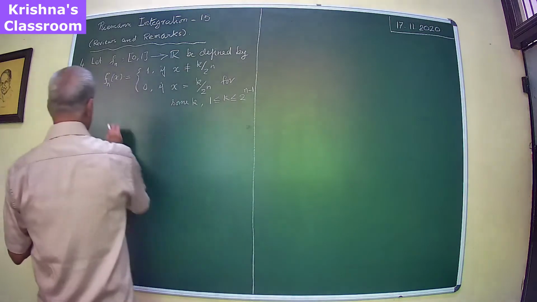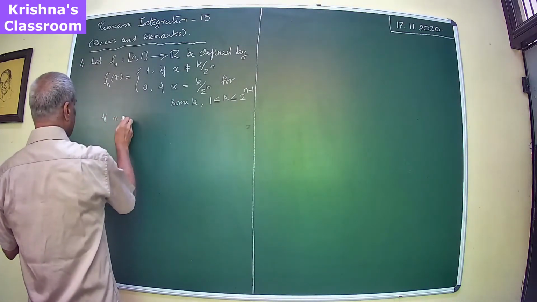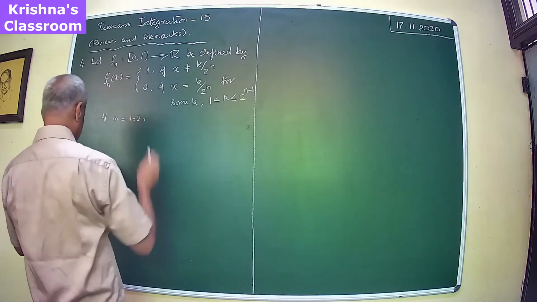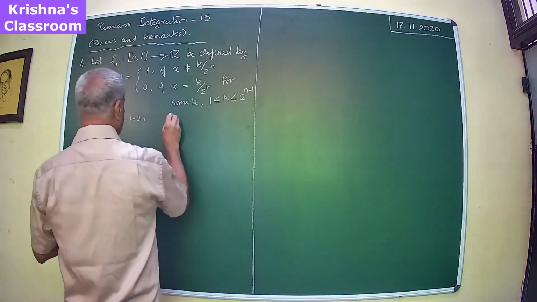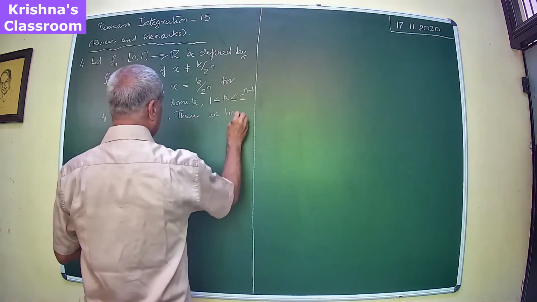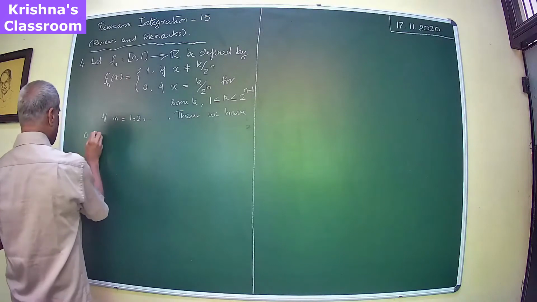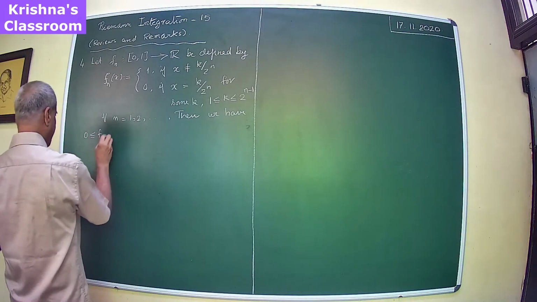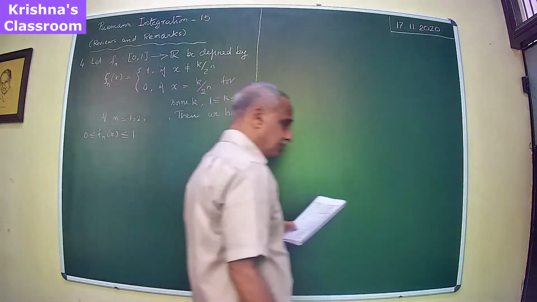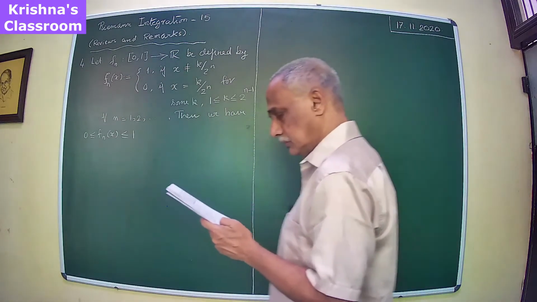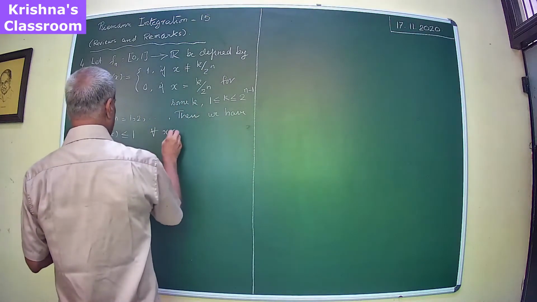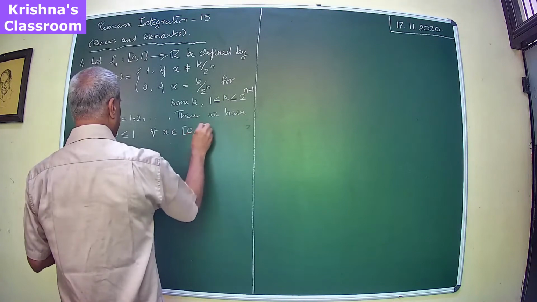Then this is defined for every n equal to 1, 2, 3. Then we have 0 less than or equal to F_n(x) less than or equal to 1. In fact, it takes only two values, namely 0 and 1.